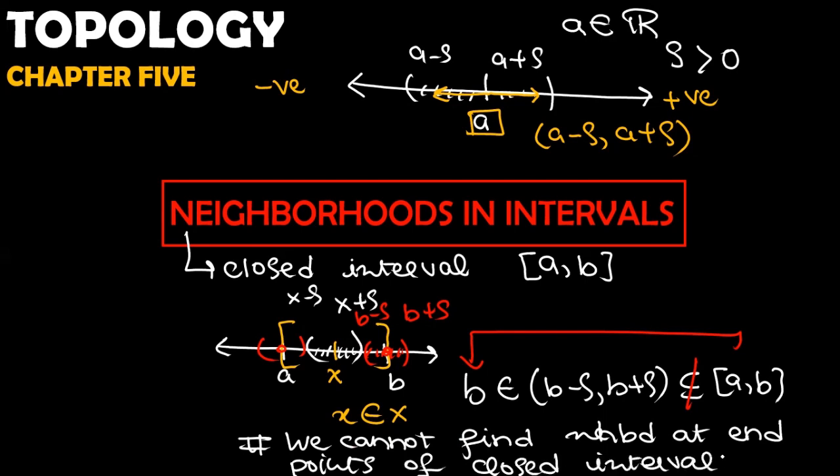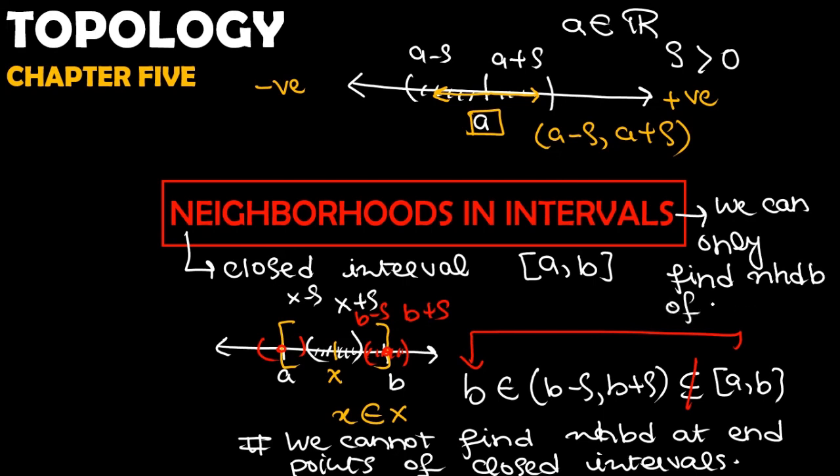We can only find a neighborhood of points between the endpoints of the interval. I hope you understand the story of it, because this is very, very important. Most of the students do not understand this concept. I hope you understand it very well.